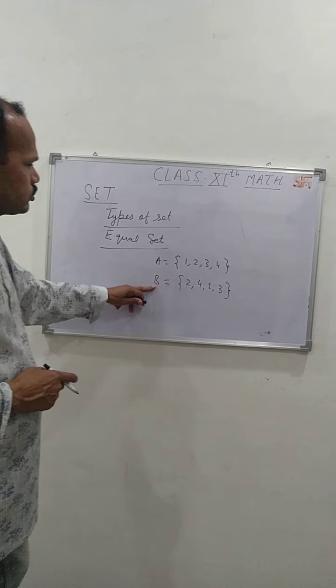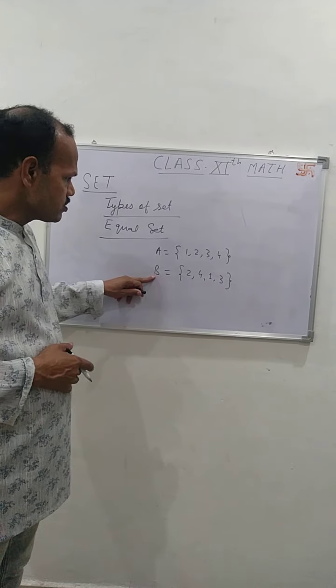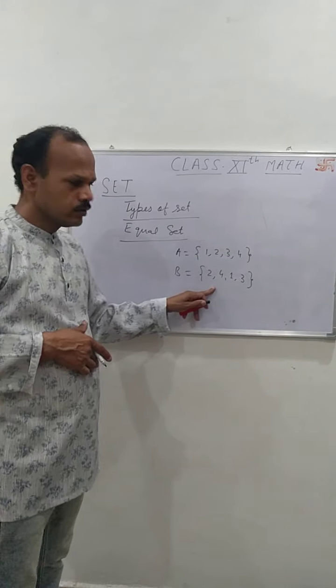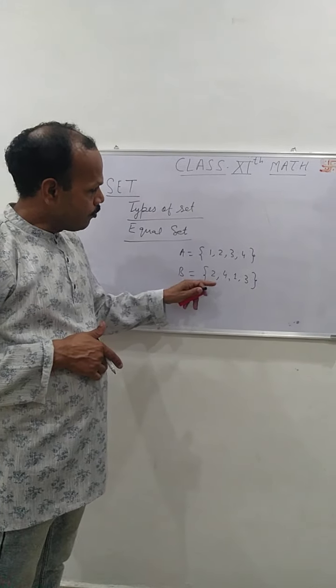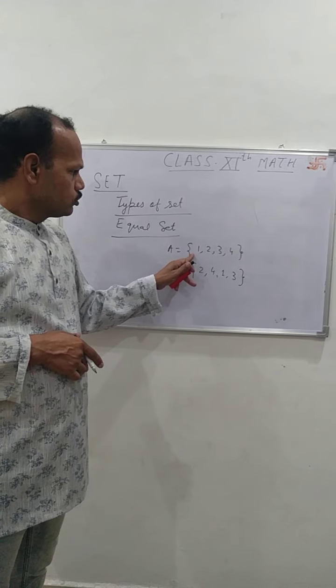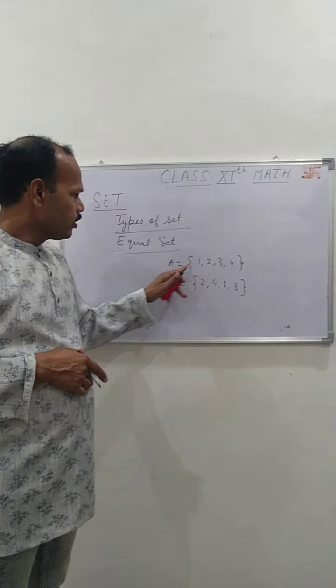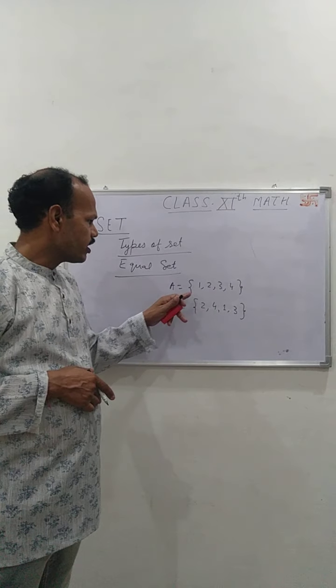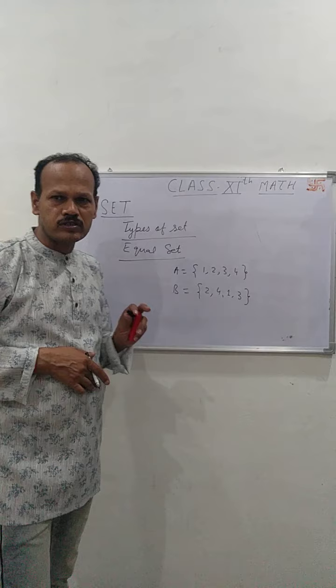In these two sets, we see that elements of set A lie in set B, while the elements of set B also lie in set A. So when elements of A lie in B and elements of B lie in A, then we can say these two sets are equal sets.